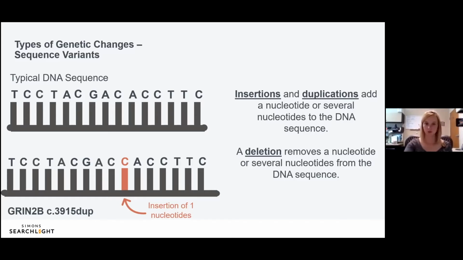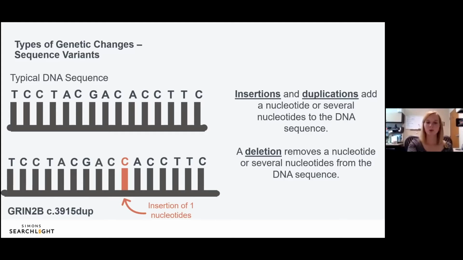So in this case, what we're seeing is this letter C up here is being copied an extra time. So we have one C originally, but what happens with this variant is we have 2 C's down here.